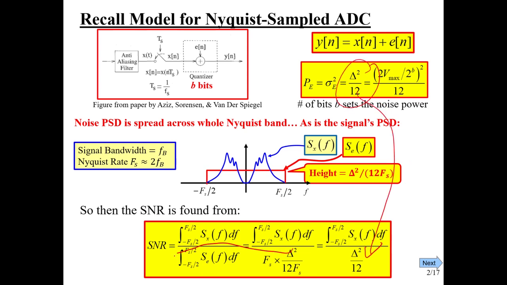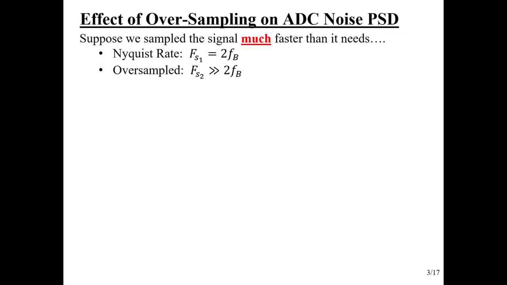Because I want you to see this idea that if we don't know what the total power is, but we know what the power spectral density of the noise looks like, we can figure out the power. And we're going to be doing that in other scenarios than what we've just talked about. Okay, so that's what we've been doing.